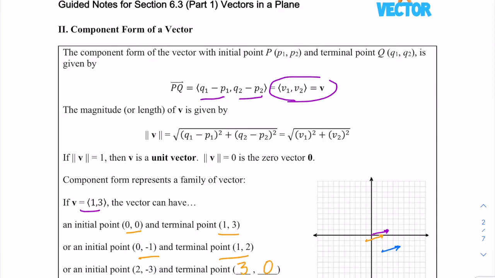Again, you're adding 1 to the right, and then you're adding 3 to go up. So in general, that component form describes a family of vectors. It doesn't give you exactly its initial point and terminal point, but it tells you the change. And then you can just use the distance formula to find the magnitude pretty easily.